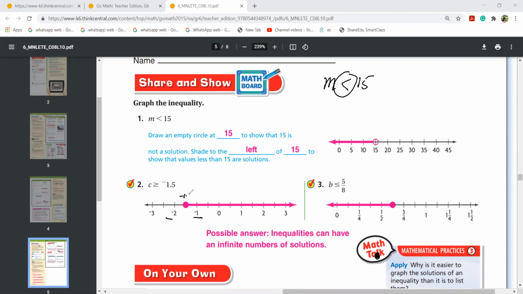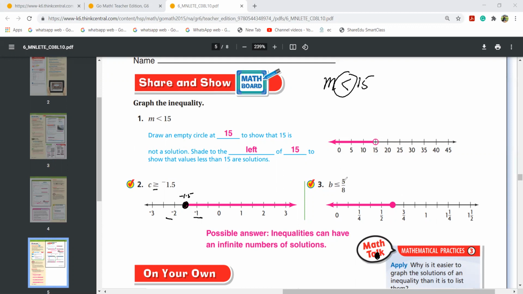You make it dark because even this is a solution, and then you go to the right side because it is greater than or equal. Less than or equal, you make it dark. Now you will ask me, teacher, how do I know that 5 over 8 is between half and 3 over 4?